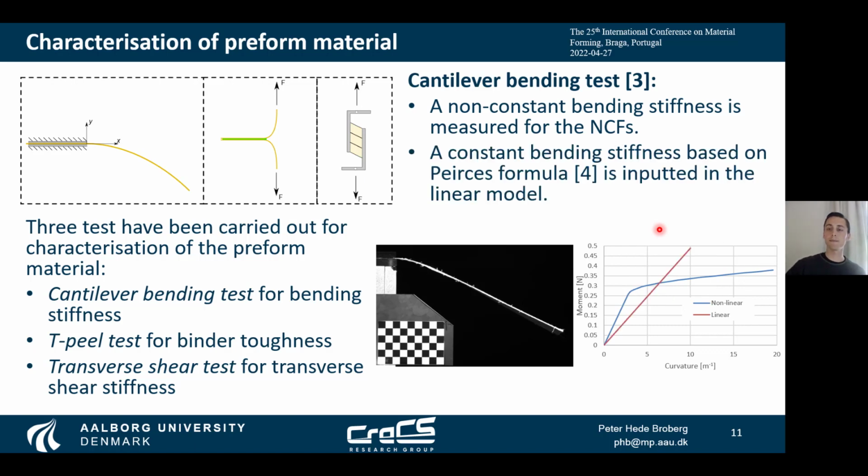And as we use linear elastic material properties in the model, we have also estimated a constant bending stiffness based on Peirce's formula, as you can see here, and inputted that into the model. If you are more interested in this cantilever bending test, I've put some references here for you.